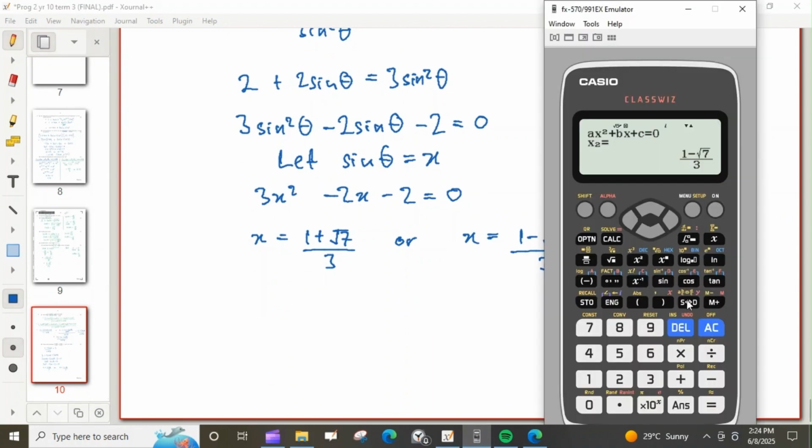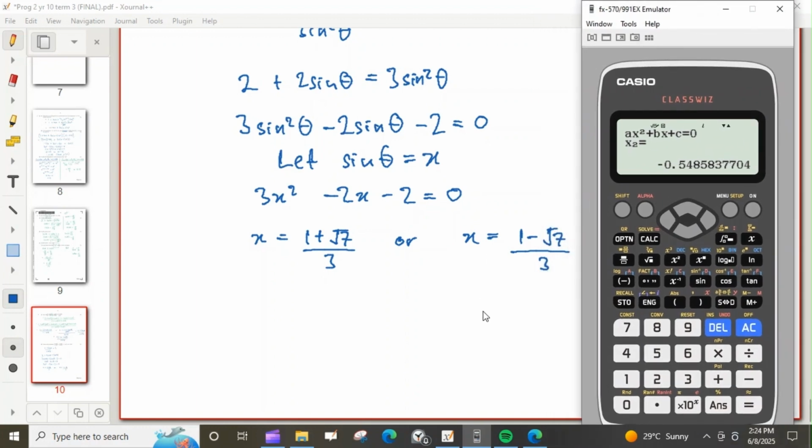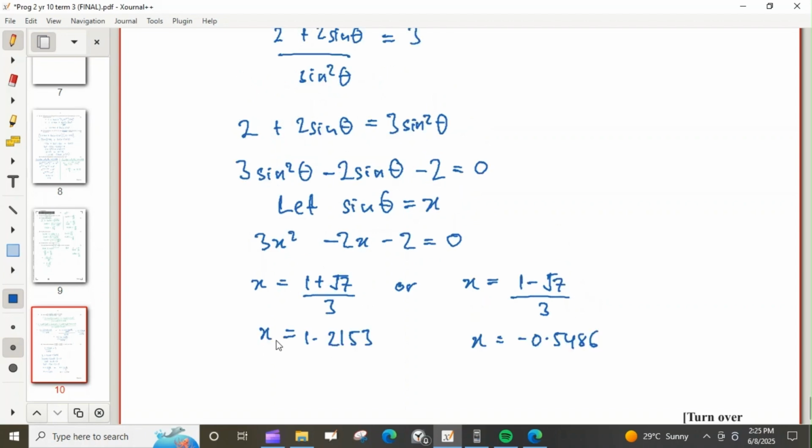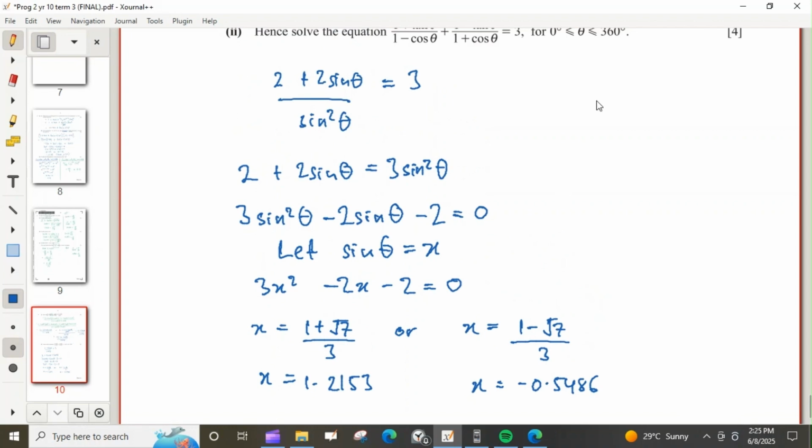What's the decimal equivalent? Okay. So this is the same as 1.2153, and this is the same as negative 0.5486. All right.